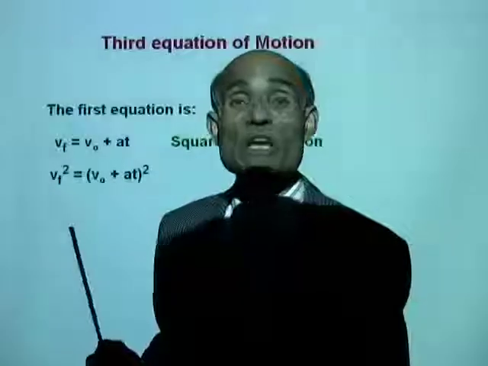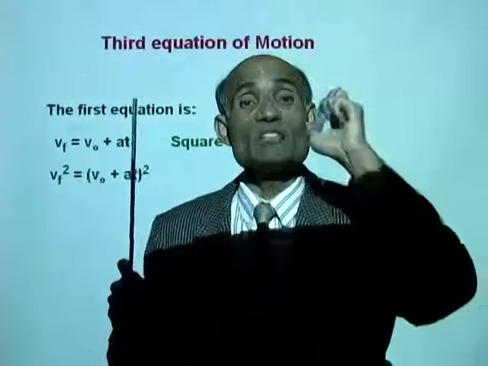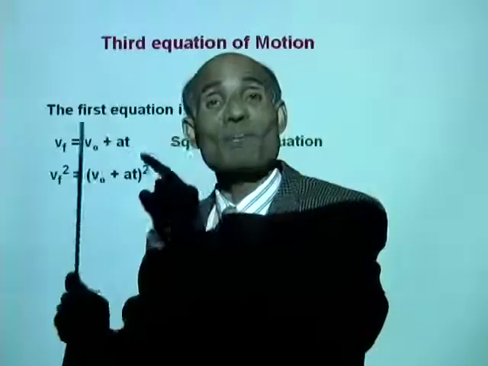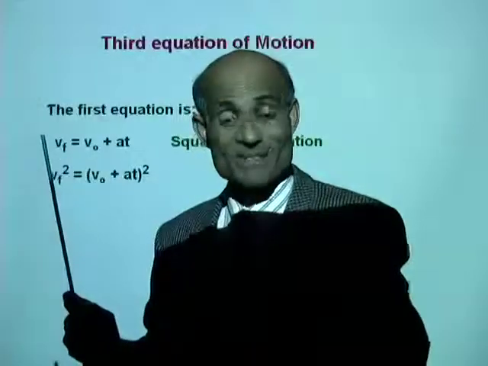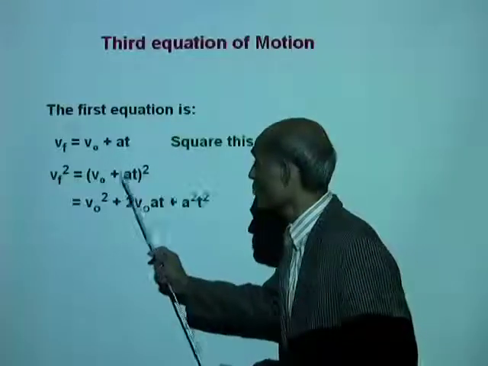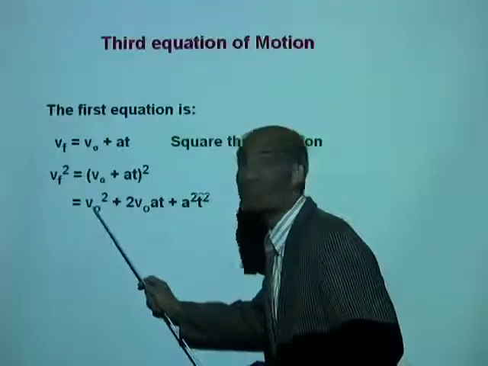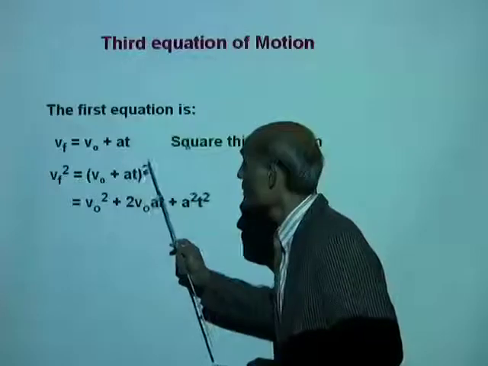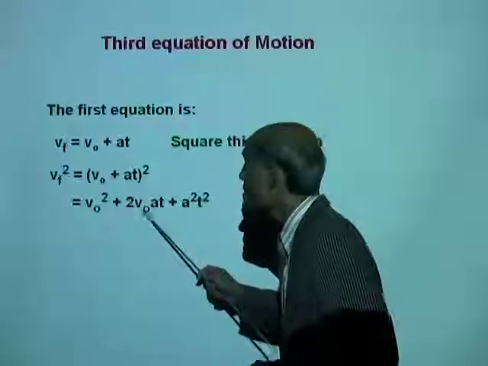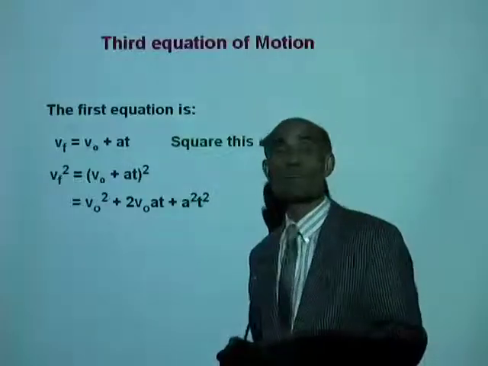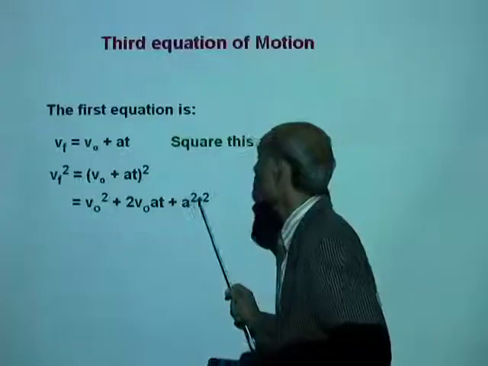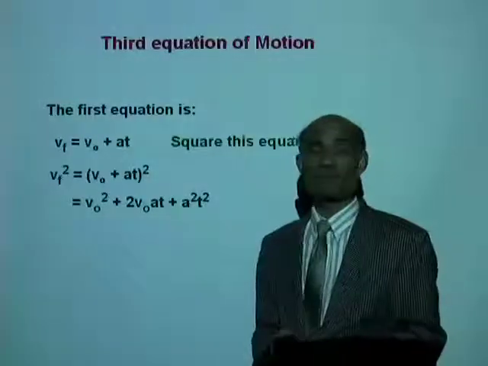A plus B all squared is A squared plus 2AB plus B squared. Is that right? I think so. So how do you expand this? This will be square of V0, V0 squared plus 2 times V0 times AT, 2V0 AT, plus the square of AT is A squared T squared.